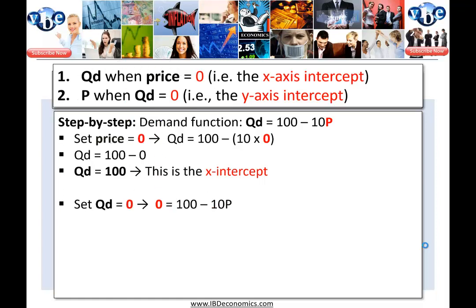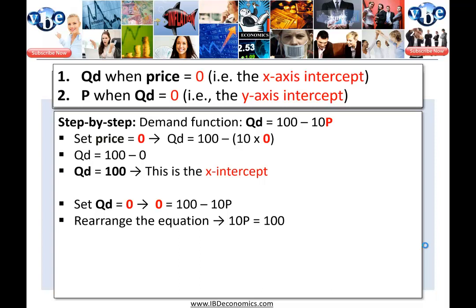Now let's go find our other point. We're going to set quantity demanded to 0. So that means 0 equals 100 minus 10p. And we just have to do a little bit more work this time. We're going to rearrange that equation by bringing the negative 10p across the other side of the equals line. That becomes 10p equals 100.